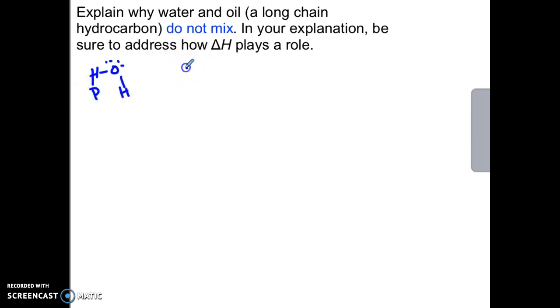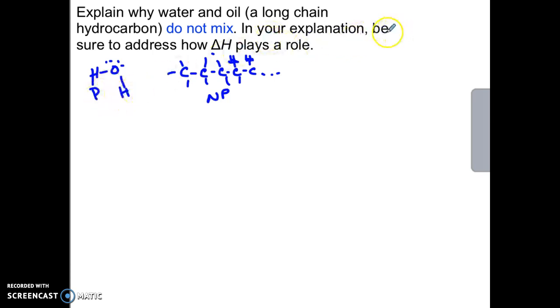A long chain hydrocarbon of oil would look like this. And it's got lots of hydrogens. And I'm just going to put them here, but each one of these markings is a hydrogen. You guys can get used to that there too. Okay, so it's just not something I have to draw in. But this long chain hydrocarbon will not mix with water. That's because this is nonpolar and this is polar.